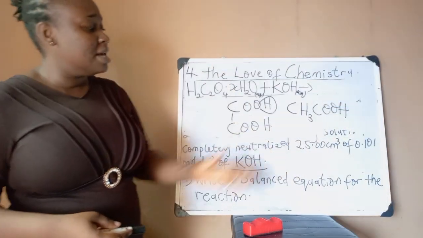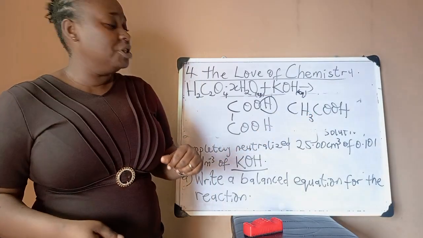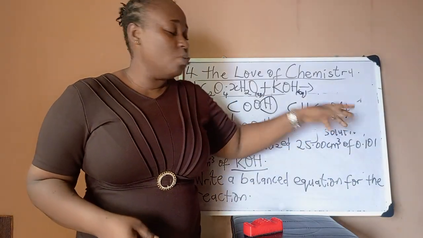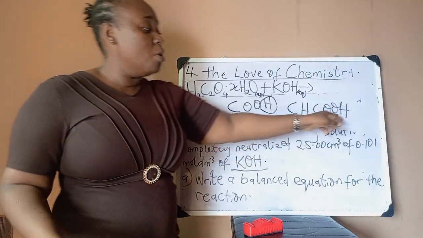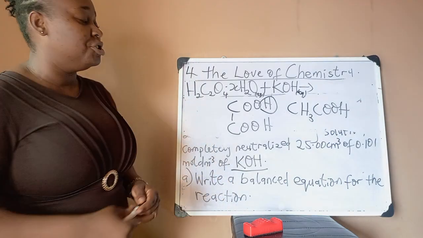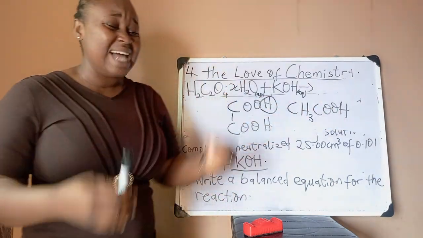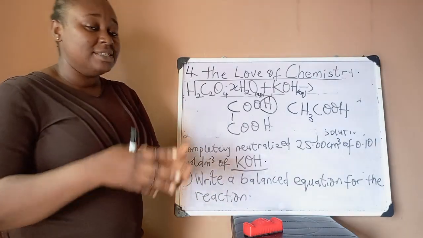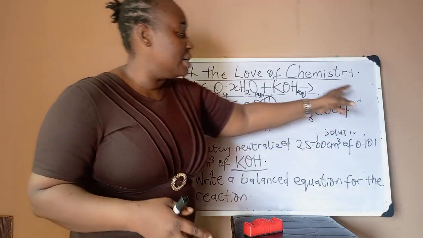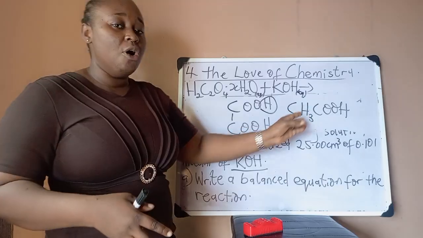Now looking at this, even though we have 3 hydrogen atoms here plus 1 making it 4, there is only 1 replaceable hydrogen atom in this compound, because that is the one that is attached to the alkanoic acid group, the functional group of the compound.